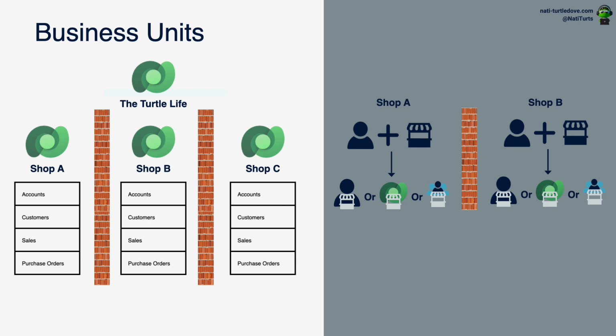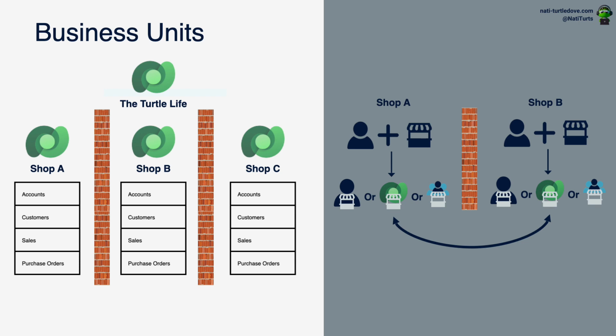And vice versa, if Tony in shop B decides to create a sales transaction, and again, he becomes the owner of that record, because he falls under the shop B business unit, that record now is owned by the shop B business unit. So we can see we've got a nice brick wall between the concepts of our business unit and tables, and a nice brick wall between how the process would work when users actually create data belonging to their business unit.